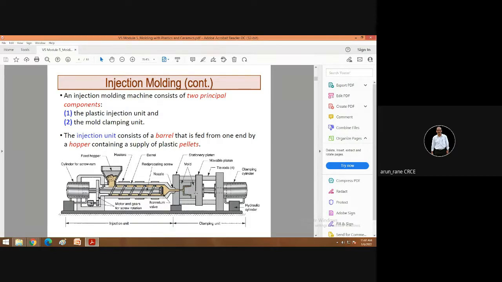This is your mold or die. This is the shape of the component which will be produced.